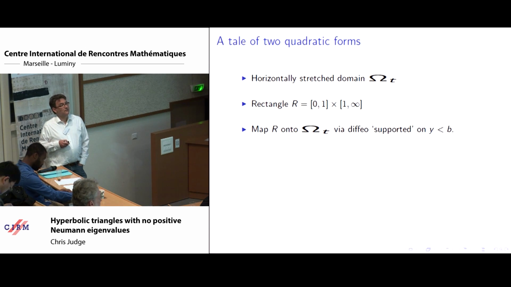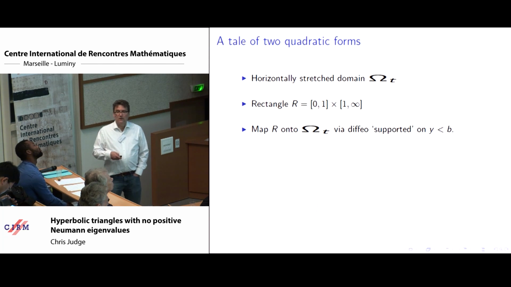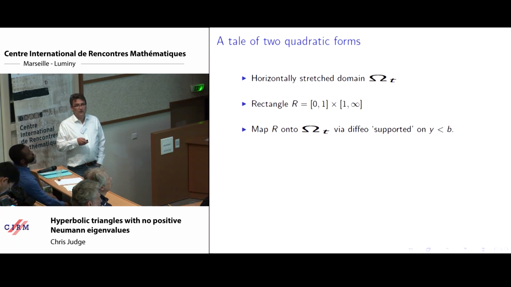So I'm only going to be perturbing the domain for y less than b. And I'm going to map one to the other. And you can do this in a nice real analytic fashion. And there are many different ways to do it. Ultimately, it doesn't really depend on how you do it so much as you've got to do it right.